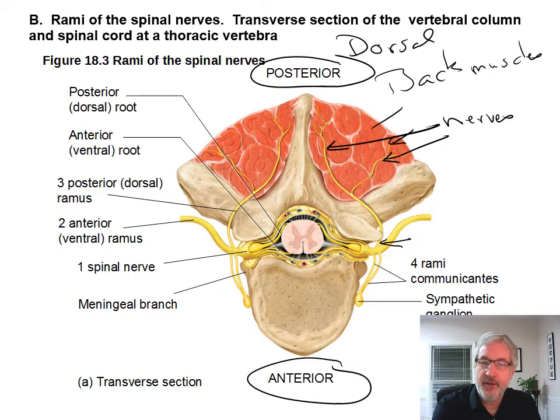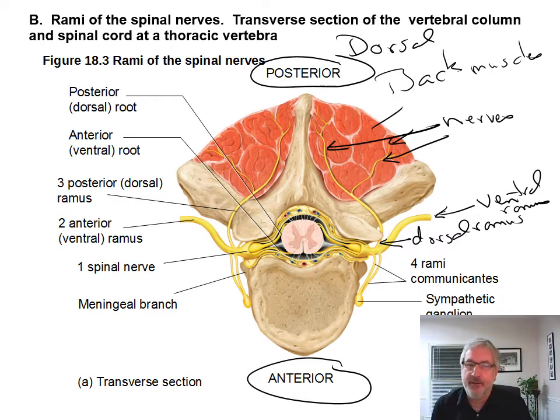That would be a dorsal ramus, going off to the back. Then this larger one here, that is the ventral ramus. And it's going to head down and it curves back.